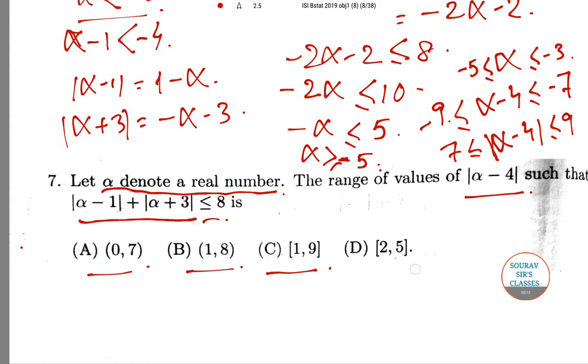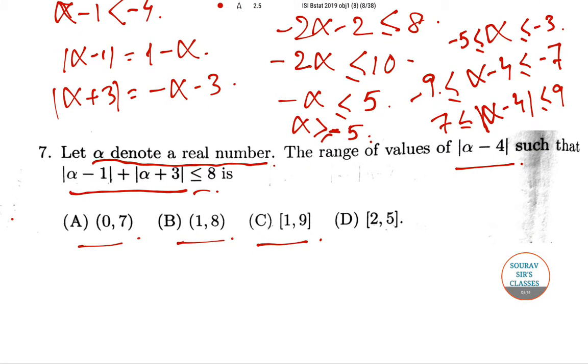Now, second case, alpha is greater than or equal to minus 3, but less than or equal to 1. So here alpha plus 3 is positive.